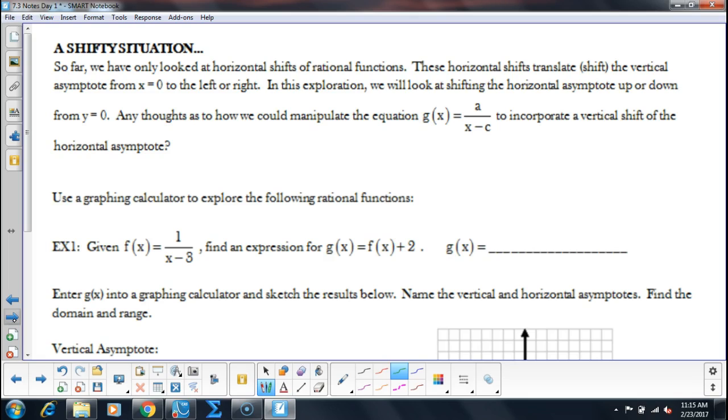Okay? So, here is my function. F of x equals 1 over x minus 3. Without graphing it, without looking at it, tell me what you know about 1 over x minus 3. What can you tell me about it?